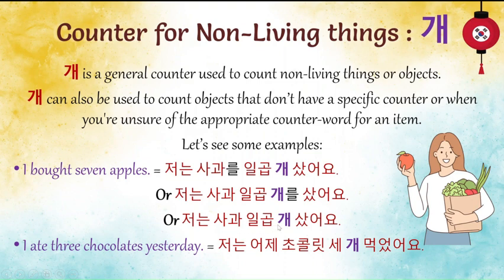I have omitted it. Now, you need to know that in conversational Korean, it's common to omit particles, just like we have omitted the object marker here in this sentence. After counters, you can omit them, especially in spoken or informal conversation.